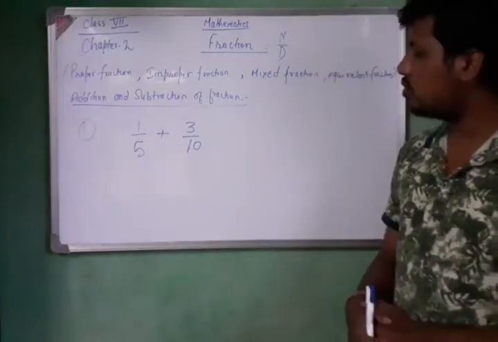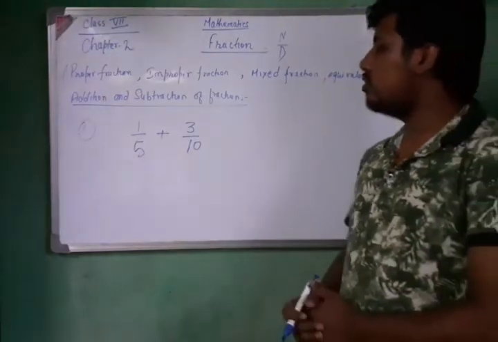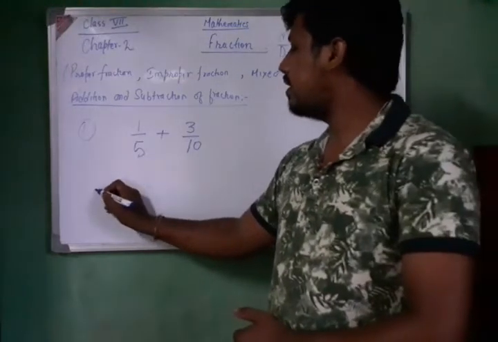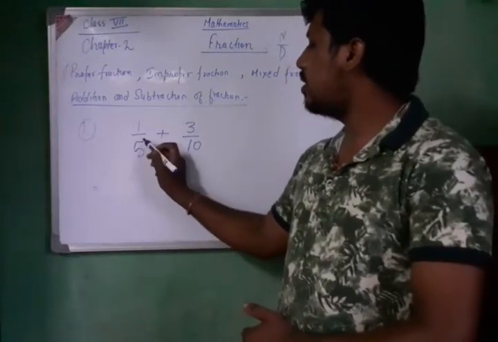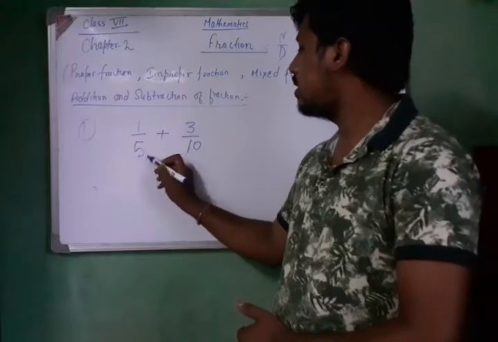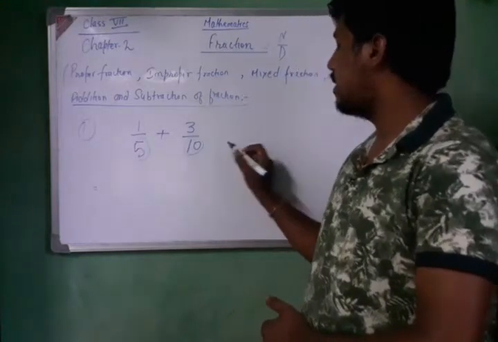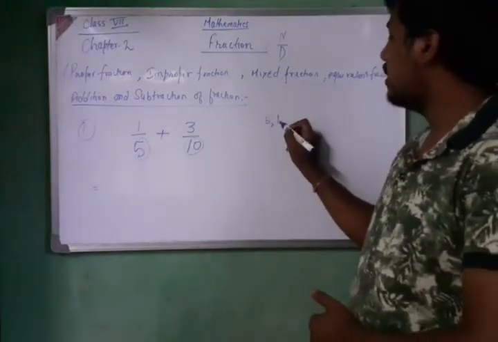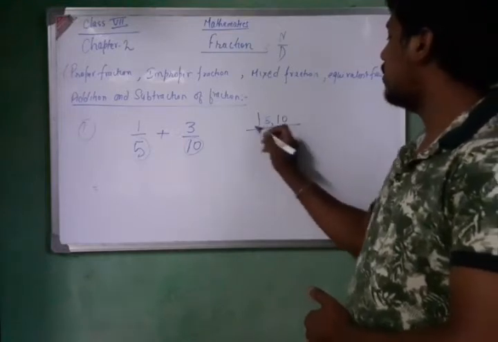How can we add them? First we'll find the LCM of the denominators. The denominators here are 5 and 10.